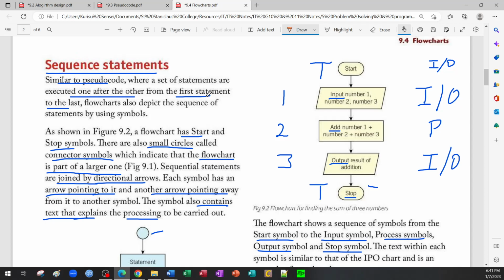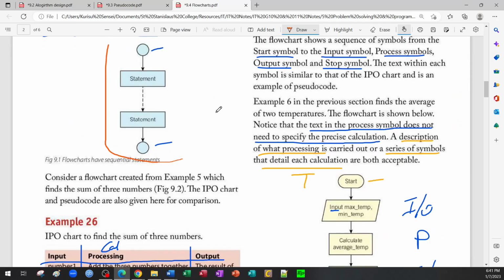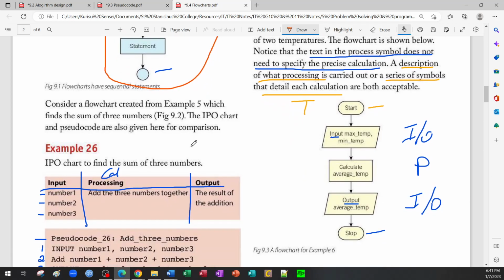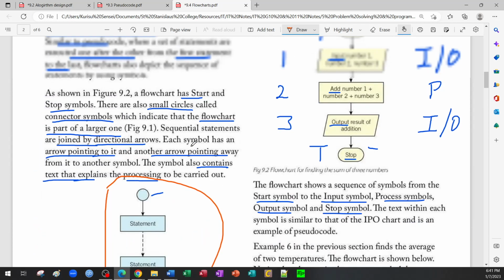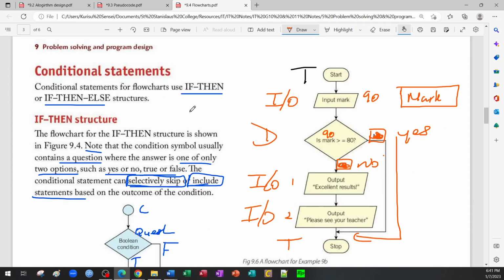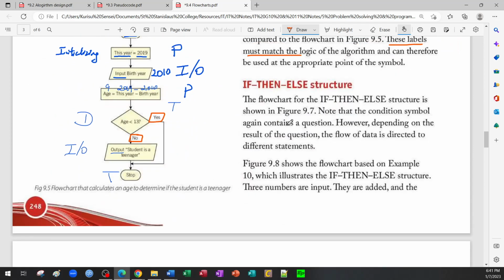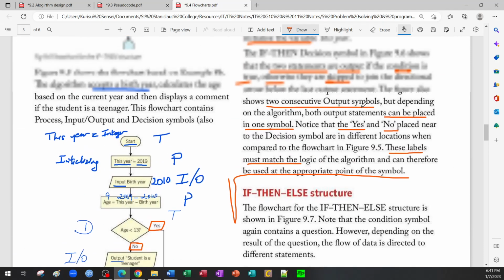We once again looked at what a sequential statement is, what a subpart of a flowchart is, how to create that, and how to trace a flowchart. We started conditional statements and looked at the if-then. The next class, we are going to start with the if-then-else.